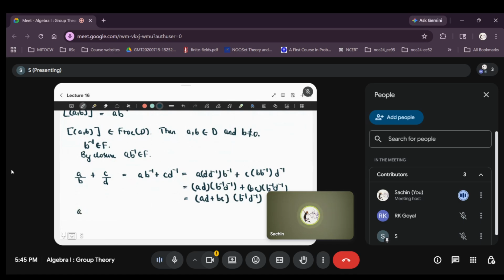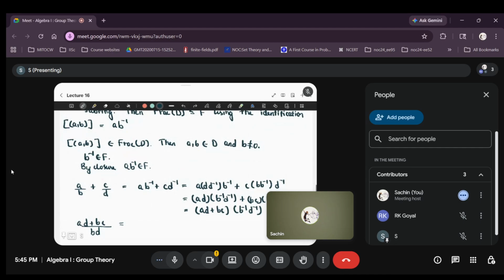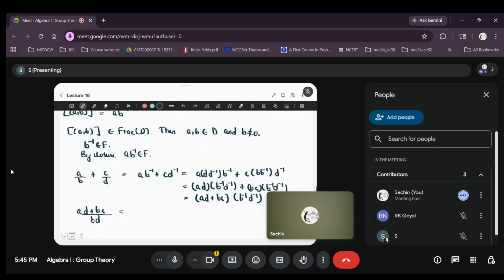Now the result of a by b plus c by d in frac D would be a d plus b c by b d. And if you took that identification, so what I'm saying is phi of a by b plus phi of c by d is this.